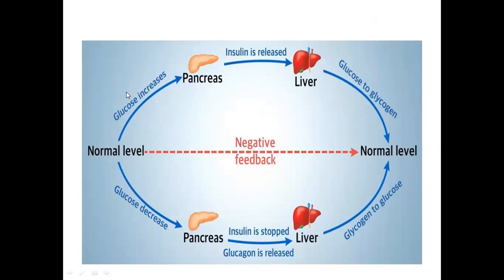Whenever there is an increase in the blood glucose level, the pancreas secretes insulin, and insulin converts the glucose present in the blood to glycogen, bringing the blood sugar level back to normal. On the opposite side, whenever there is a lack of glucose in the blood, or a decrease in the blood glucose level, the pancreas secretes glucagon, and that converts the stored glycogen to glucose, bringing the glucose level back to normal. It is the simplest example of how homeostasis is very well maintained in our body.